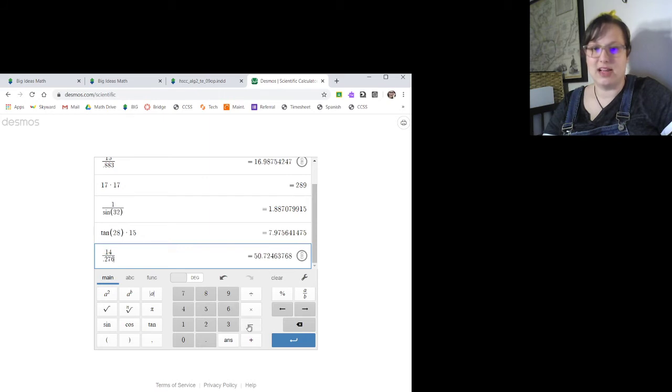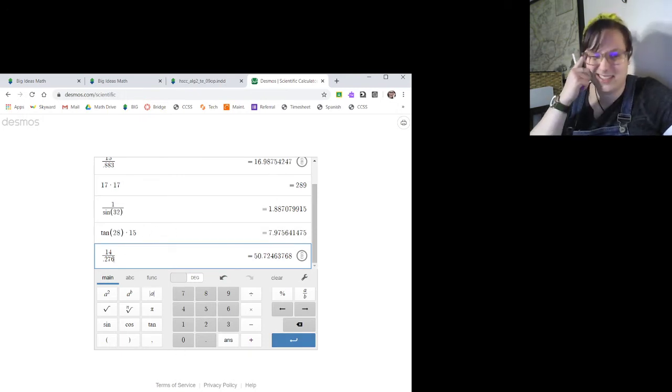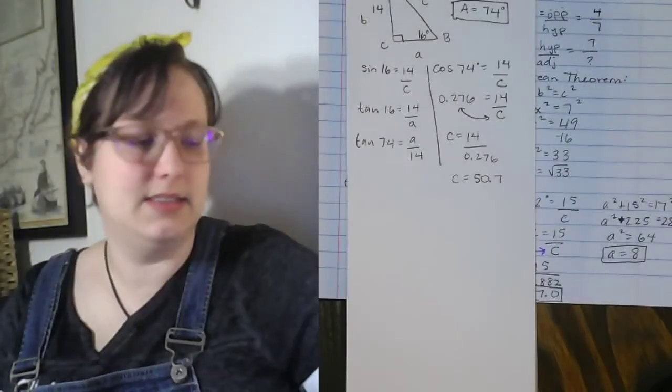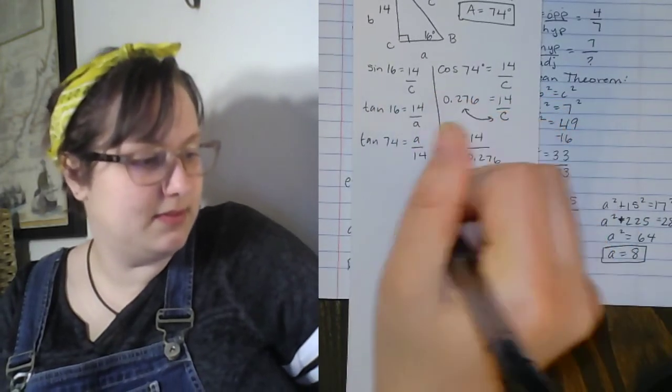That's why I write things down, huh? I get 50.7 when I do that math. That's not really close enough to round up to 51, but I could leave it that way. All right. So that's my value for little c, not the angle, the side.